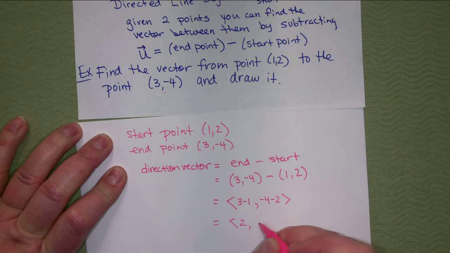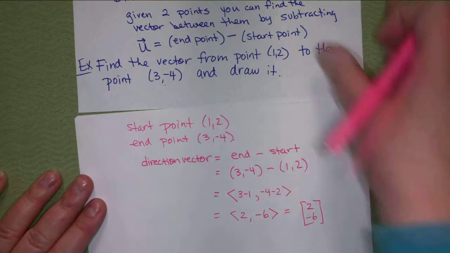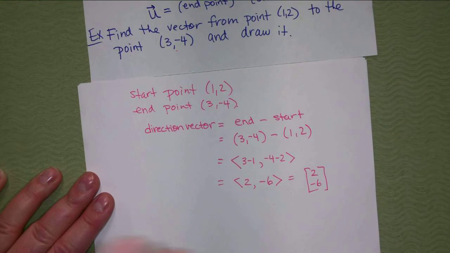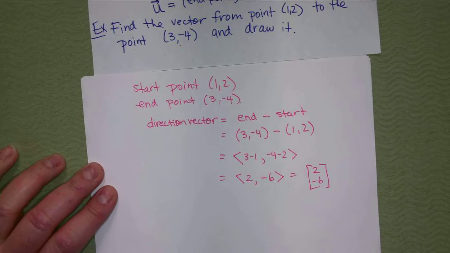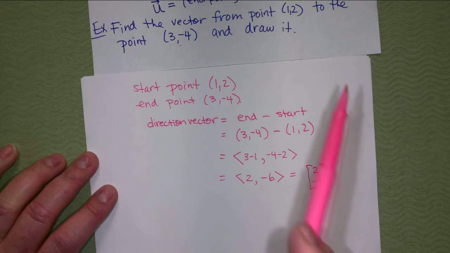So 2, negative 6. And you could write it this way if you wanted to. Those brackets are interchangeable, but the round bracket means an ordered pair, like a point that you would draw on a graph. Okay, so here's the vector, and we want to draw it.